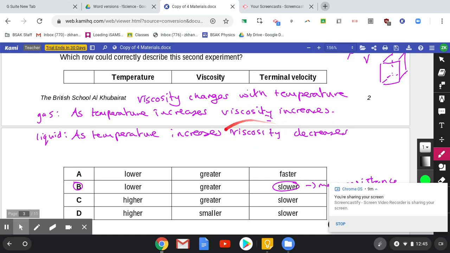So the viscosity changes as a result. With a liquid, as the temperature increases, the viscosity decreases.